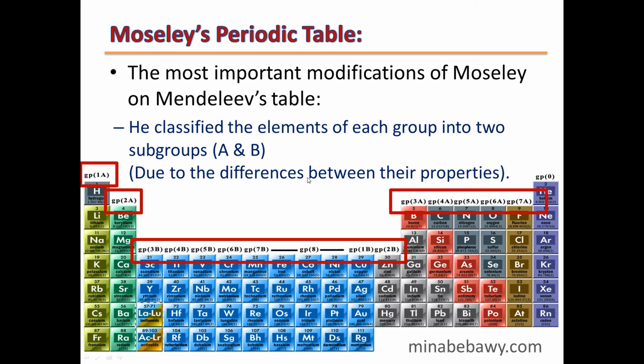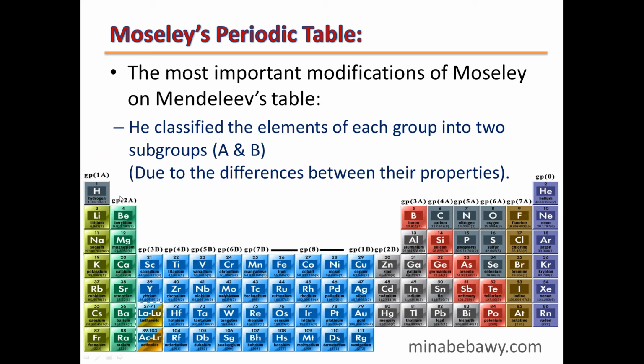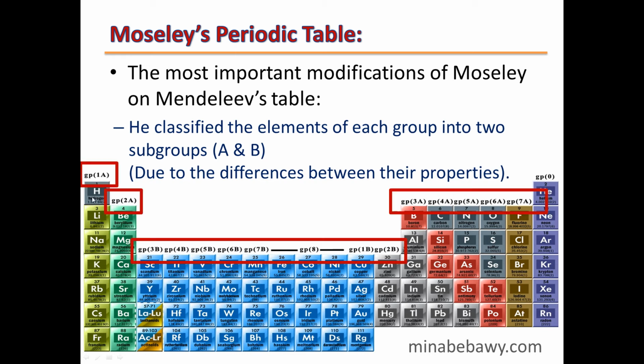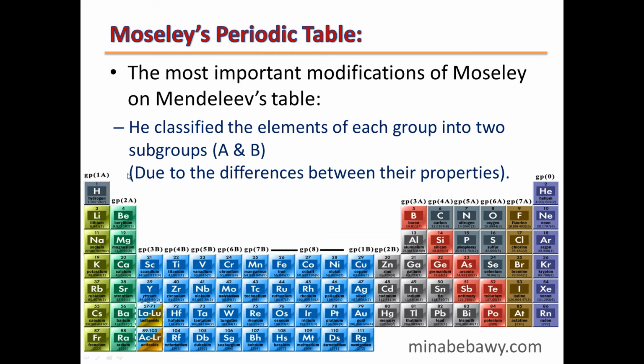This is because of the difference between their properties. Each group from Mendeleev's groups contains elements with different properties, so Moseley divided each group into two subgroups, A and B, because they were different in their properties.